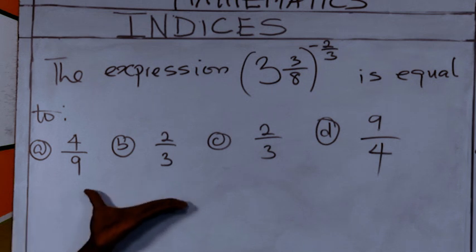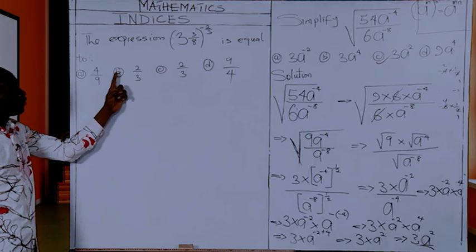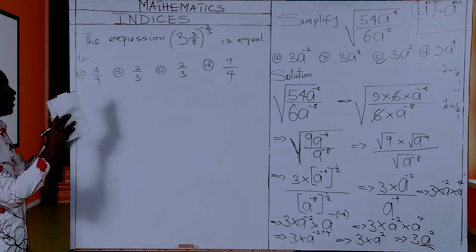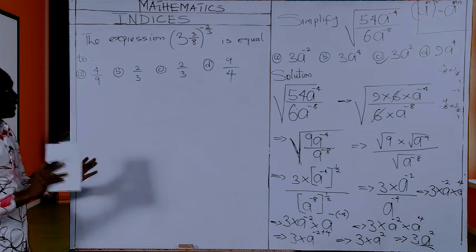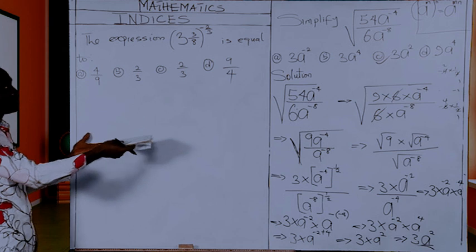Okay, this is the question, but I just discovered that the options given, we have option B and C to be the same. I think it is a mistake from the examiners. Okay, so let's work it out and see what is going to be the answer.